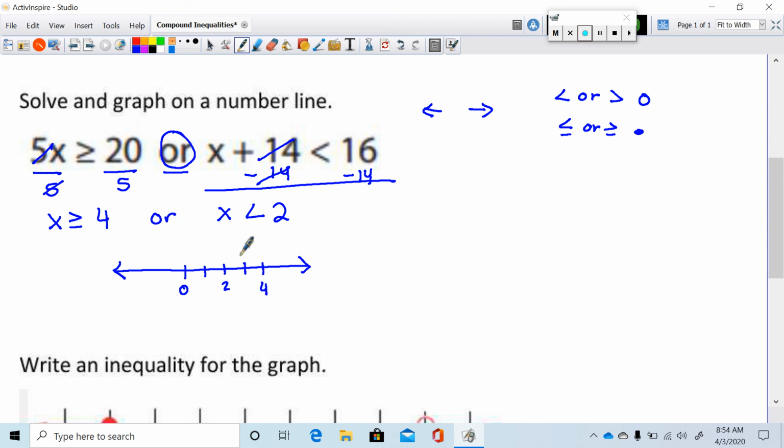Okay, so at 4, since this inequality is underlined, I am going to draw a closed circle. For the 2, it's not underlined, so I draw an open circle. And because it's an or situation originally, you want to split them up.